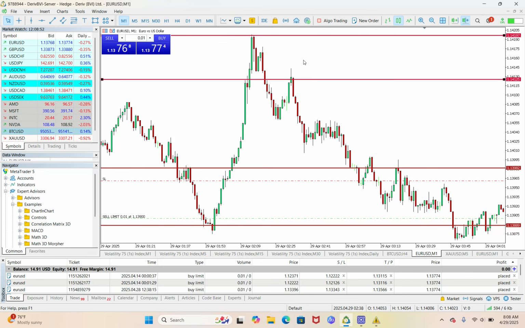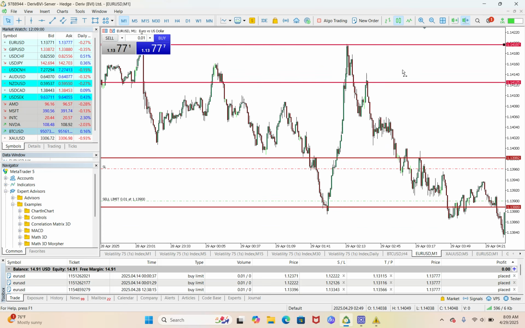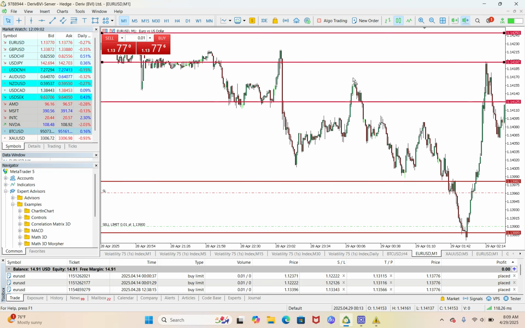Once there's a probability that the area is not gonna work, I'm not gonna trade it, because this is a game of probability. Once there's a possibility that an area is not gonna work out, it doesn't make any sense to put our money on the line. Have to trade very carefully.